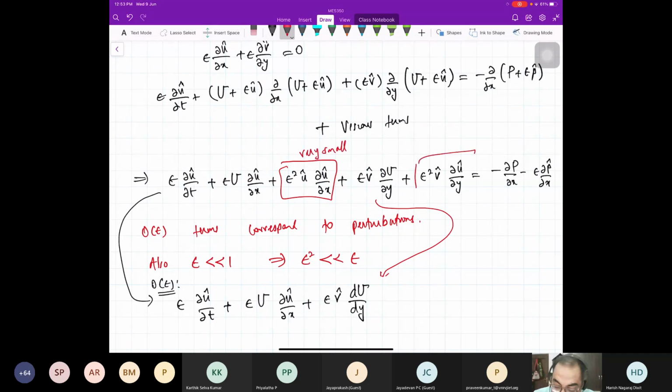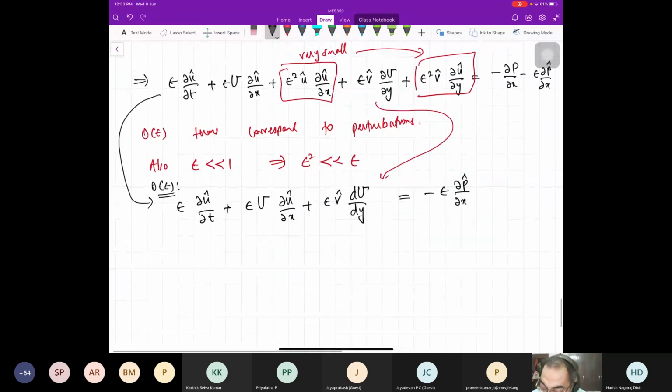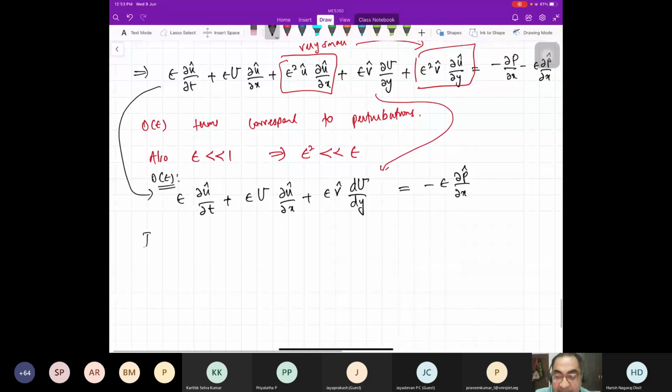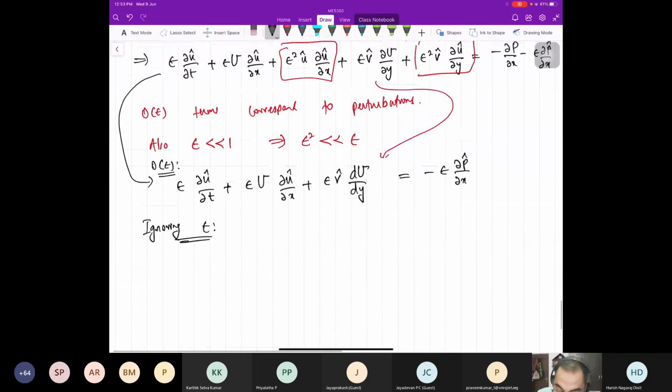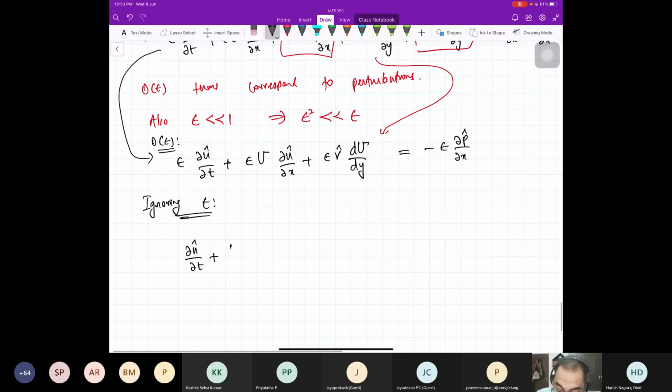This is also very small. This is also very small. If I take out epsilon as arbitrary, ignoring epsilon, what do I have? I have a simple equation: del u hat by del t plus capital U del u hat by del x plus v hat d capital U by dy is minus del p hat by del x.